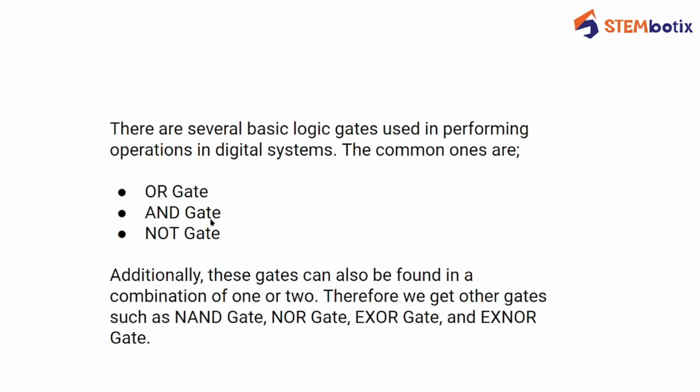In AND gate, the input performs the logical AND operation, and in NOT gate, the input performs the logical operation of NOT. So this is how these different logic gates are named. This gate operates on the logical OR operation, this gate on the logical AND operation, and this particular gate operates on the NOT operation.